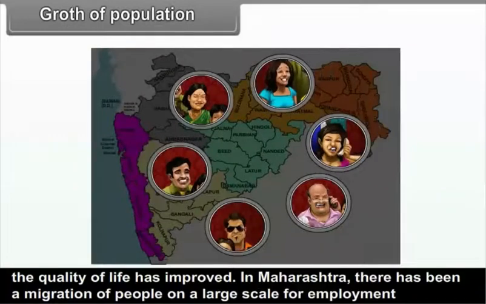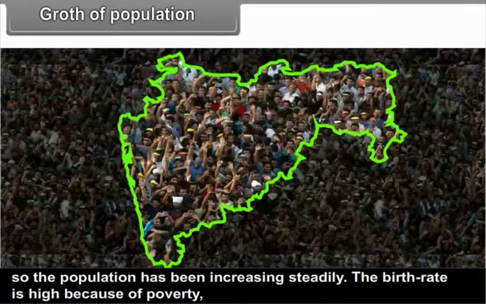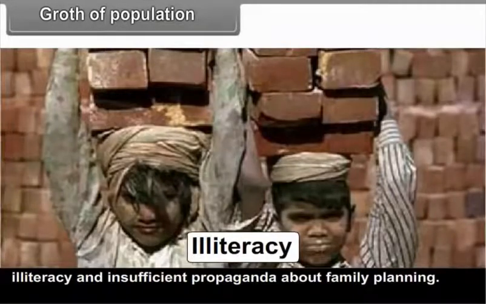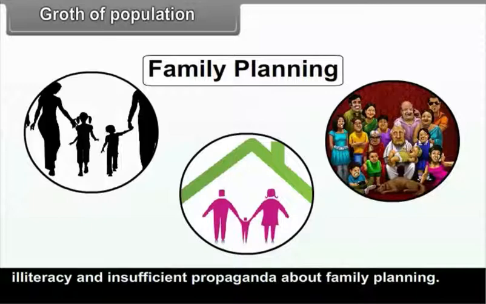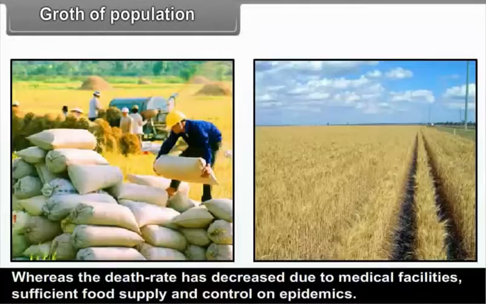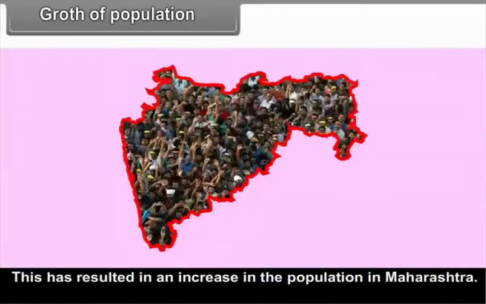In Maharashtra, there has been a migration of people on a large scale for employment, so the population has been increasing steadily. The birth rate is high because of poverty, illiteracy and insufficient propaganda about family planning, whereas the death rate has decreased due to medical facilities, sufficient food supply and control on epidemics. This has resulted in an increase in the population of Maharashtra.